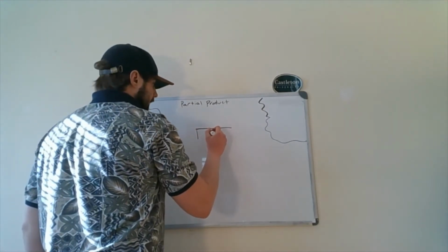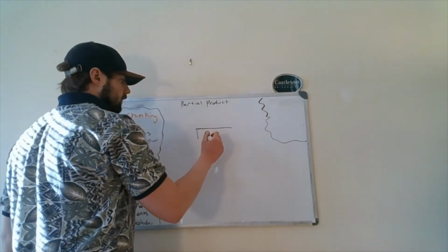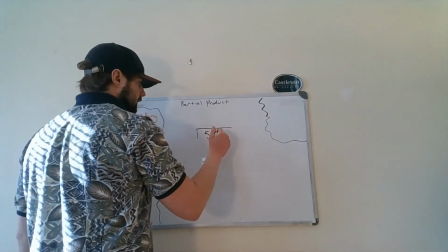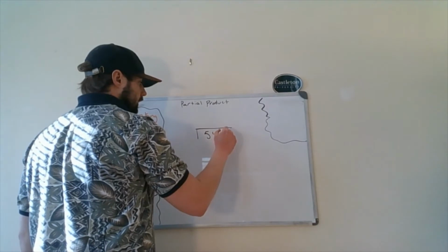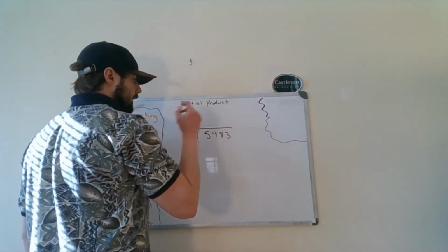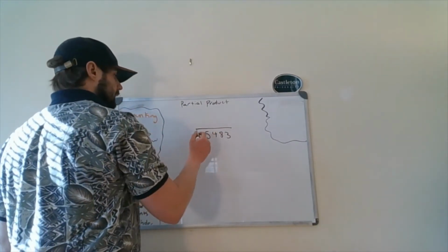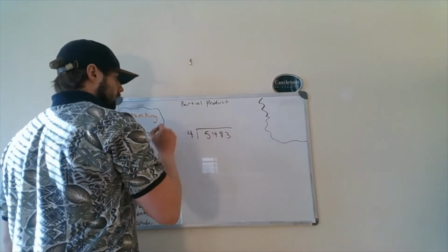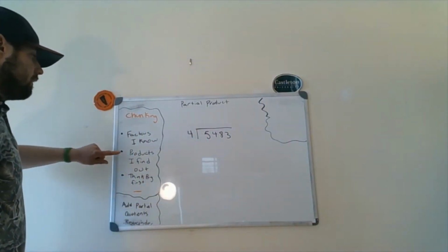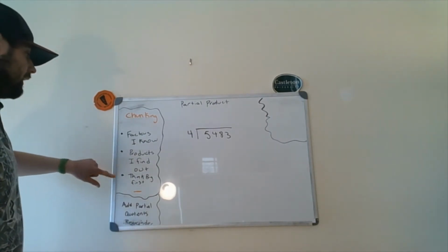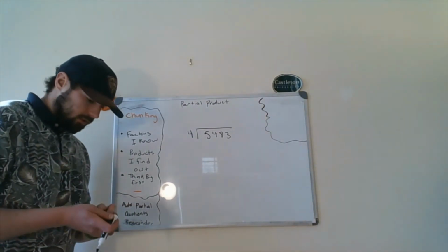Let's go to the thousands. 5,483 divided by 4. So again, chunking. Factors I know, products I find out, thinking big first.